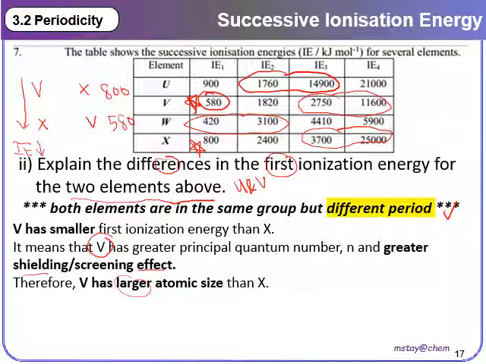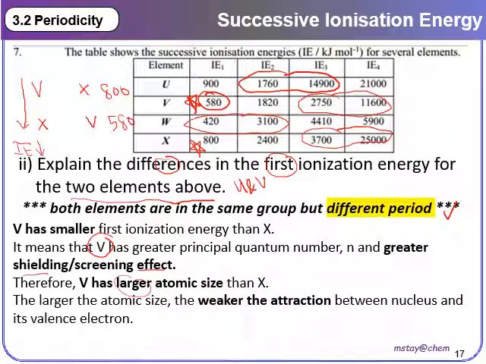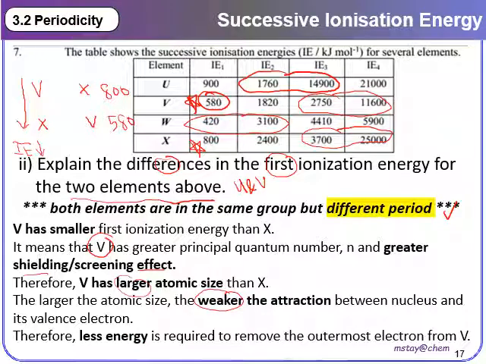When V has a larger atomic size, the attraction between the nucleus and the valence electron becomes weaker. Once the attraction is weaker, less energy is required to remove the outermost electron from V. That's why they have different first ionization energy even though they are in the same group.